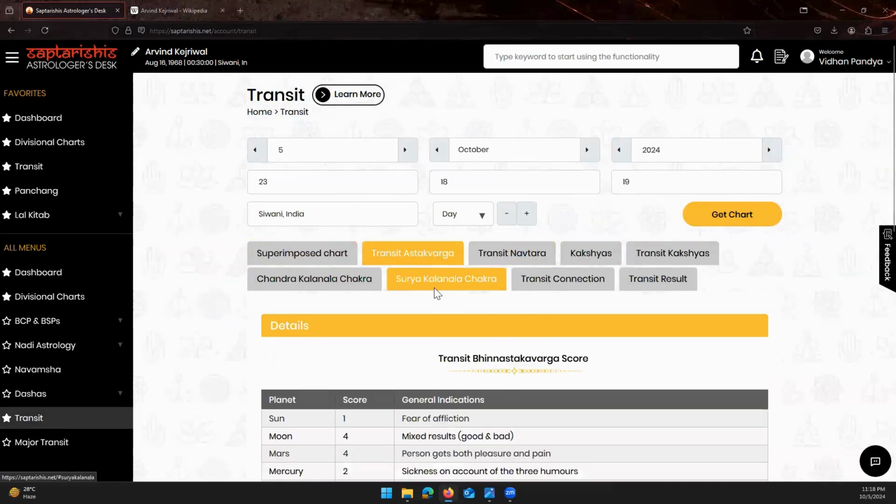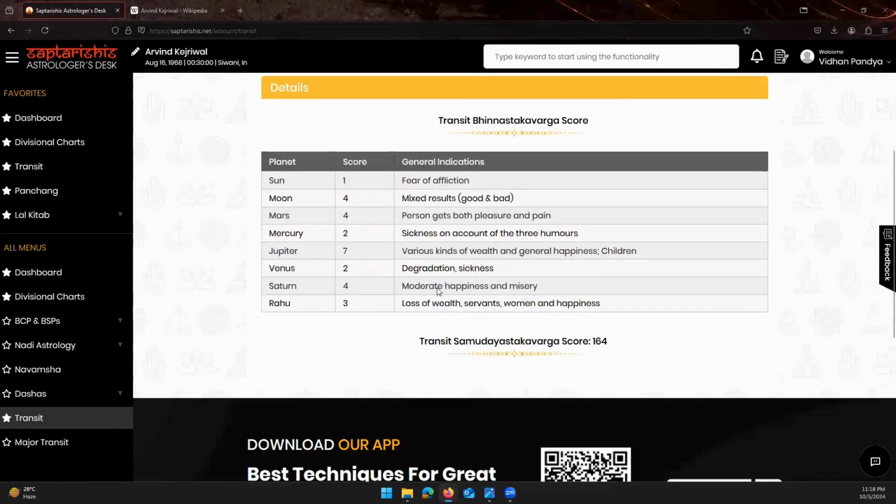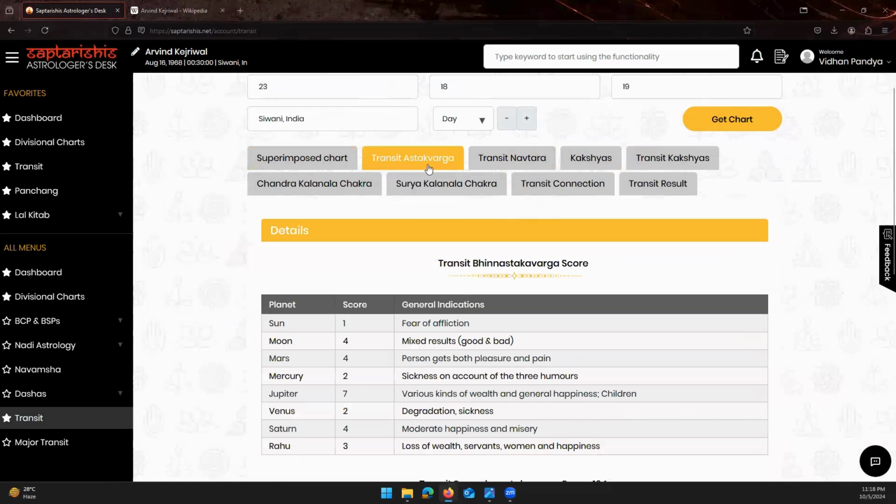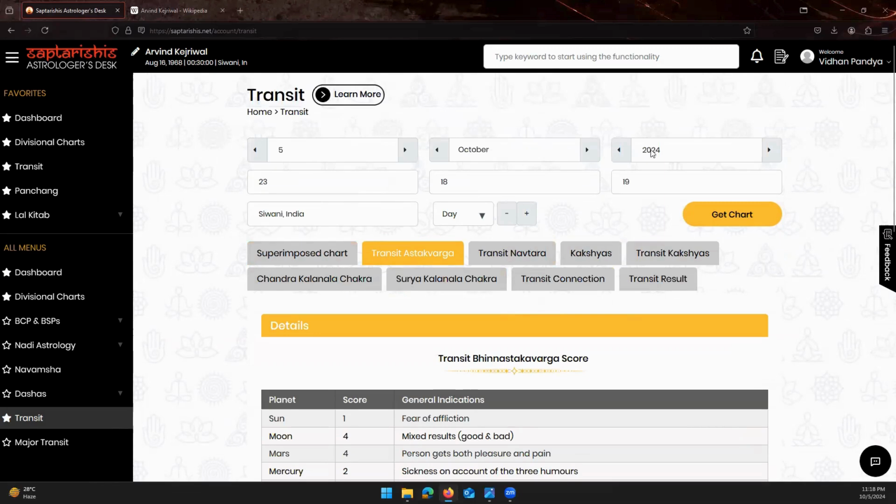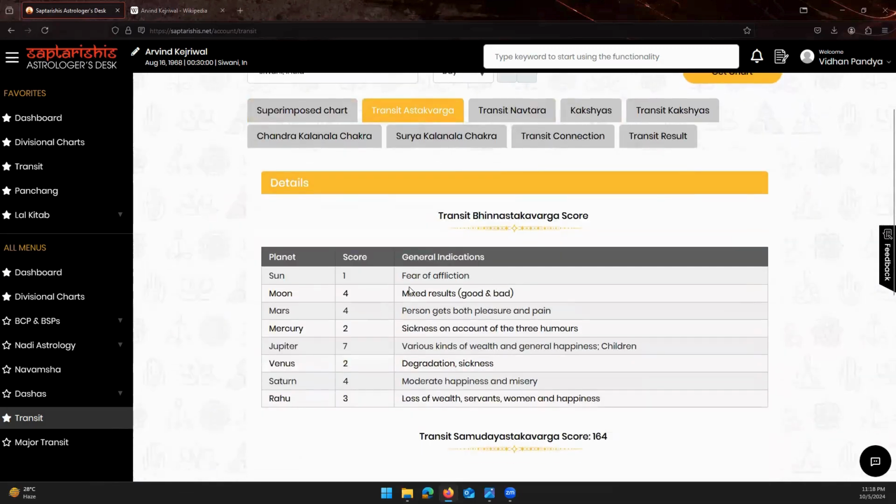Transit is not today's topic, but here you will be able to understand, okay, transit Astakavarga on this day, 5th of October 2024, and you can see what planets are giving good results to this particular native. So there is a lot about Astakavarga. Nobody can cover Astakavarga in a 30 or 40-minute session.